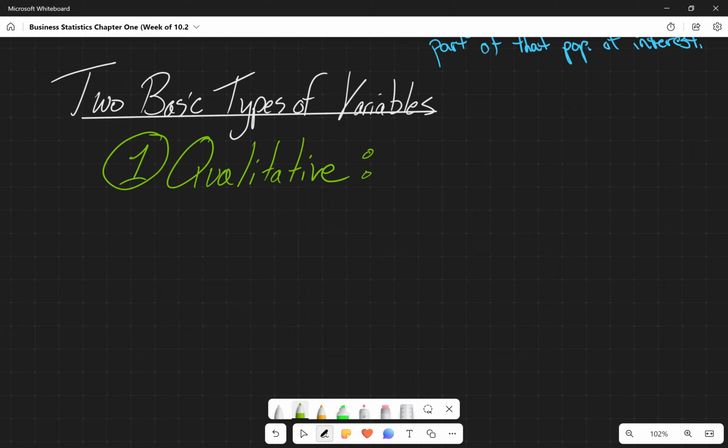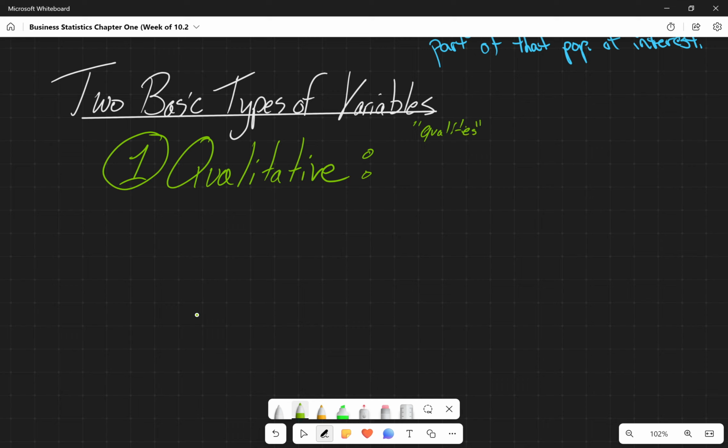And when we're talking about variables, we really have two basic types of variables that we're going to be discussing in this class. The first is a qualitative variable. Qualitative, right? Having to do with qualities.